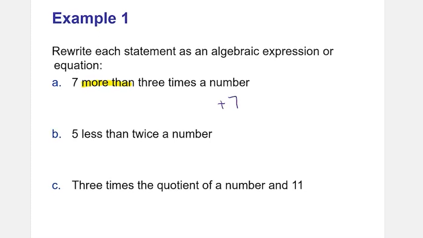The part that says a number is what we would call a variable. You can say it's x or y or z, anything you like. So 3 times a number plus 7 is the same as 7 more than 3 times a number, right? Hopefully you can see that.